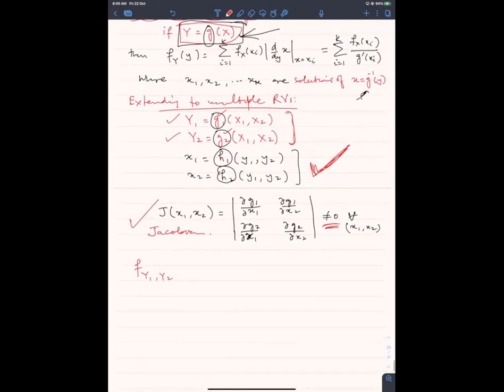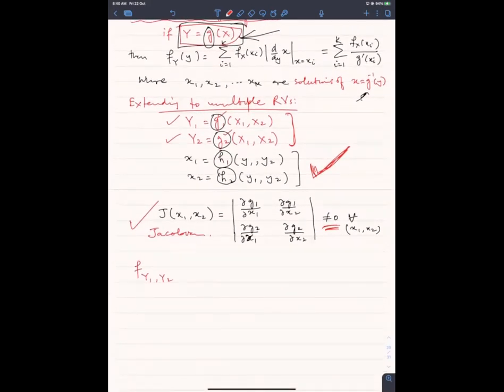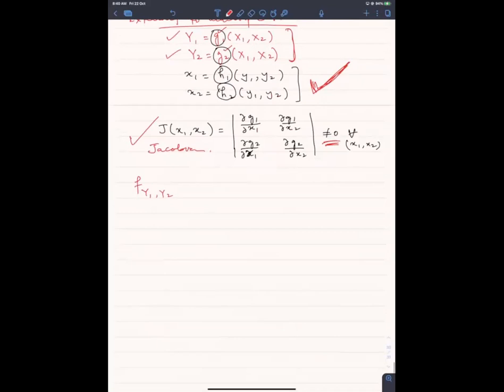यहाँ पे आप y1 y2 आपके पास दो रैंडम वेरिएबल हैं in terms of x1 and x2. So I am interested in finding the joint PDF of y1 and y2 in terms of the joint PDF of x1 and x2, and this will turn out to be f of y1 comma y2 is equal to f of x1 x2 into the Jacobian evaluated at x1 x2 inverse.